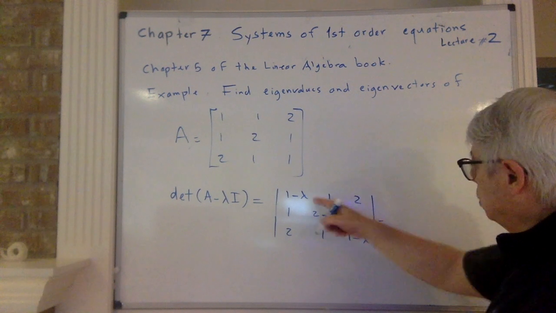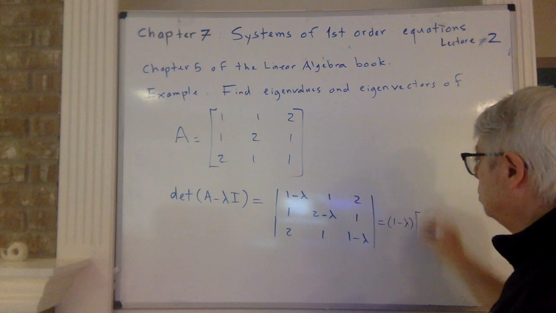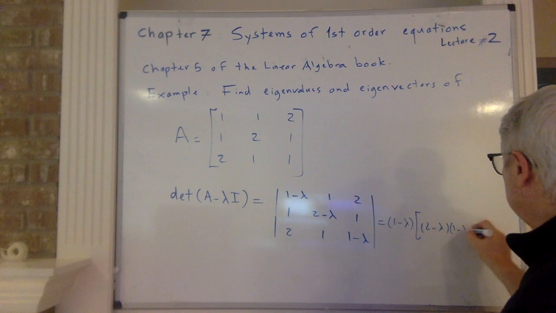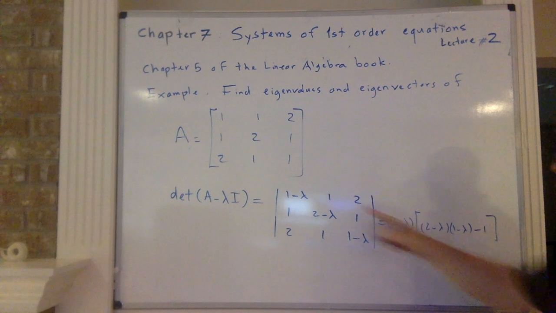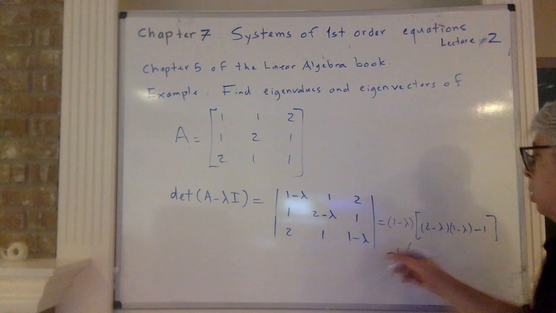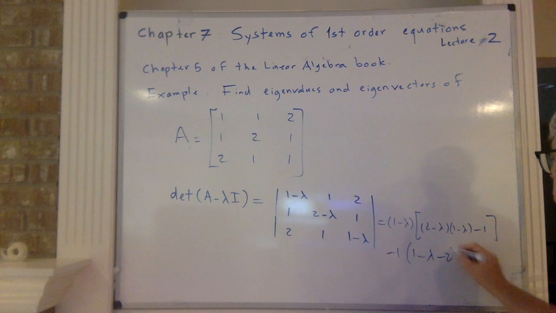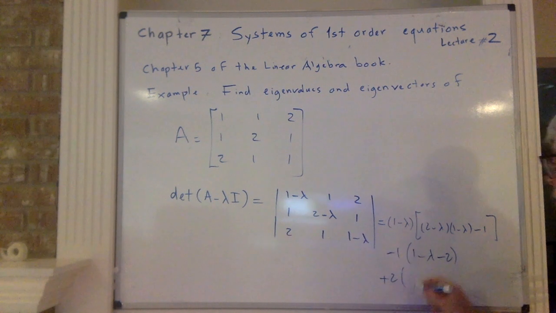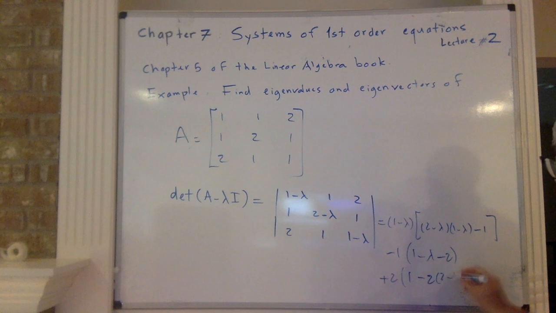So that is 1 minus lambda times this times this, 2 minus lambda, 1 minus lambda, minus 1, and this one minus 1 times this, 1 minus lambda, minus this times this, minus 2, then plus 2 times 1 times 1, 1, minus 2 times 2 minus lambda.